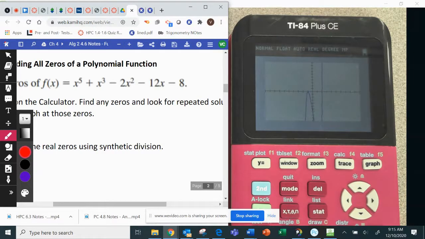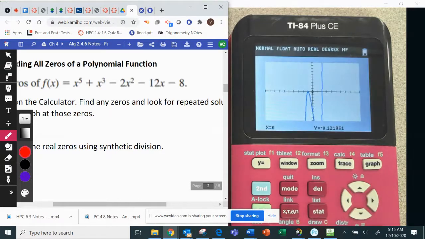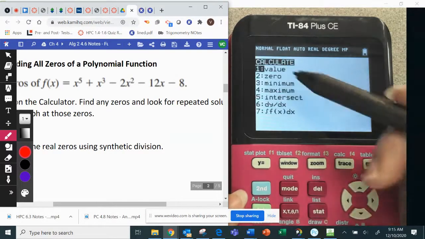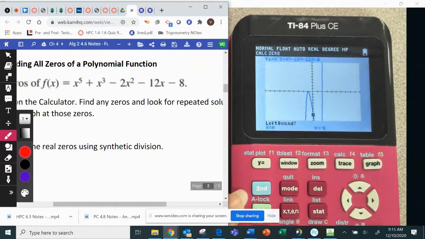We've got the graph. And the first thing that we want to do is find one of the x-intercepts, one of the zeros. Looking at this graph, I'm going to start to the left, and it looks like it touches at -1. So we're going to do second trace 0, left boundary.